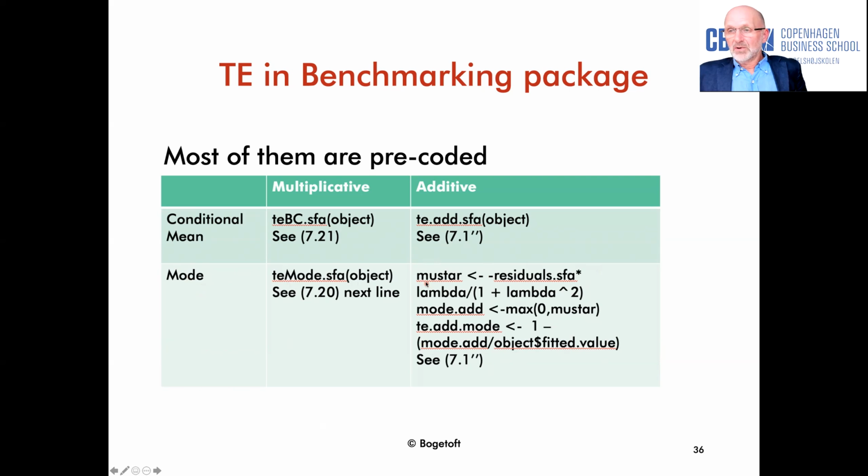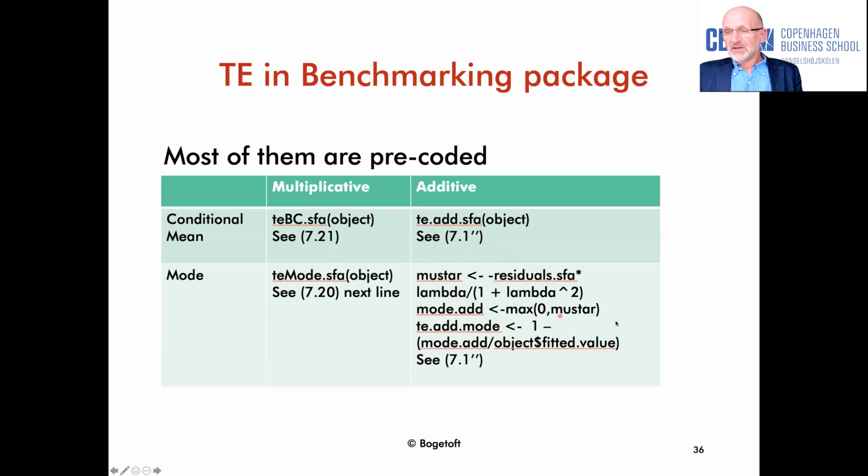You can introduce a variable called mu star, which is the residual from the SFA, multiplied by lambda squared divided by 1 plus lambda squared. Then you can define a new one, mode additive, which is the maximum of 0 and this mu star.